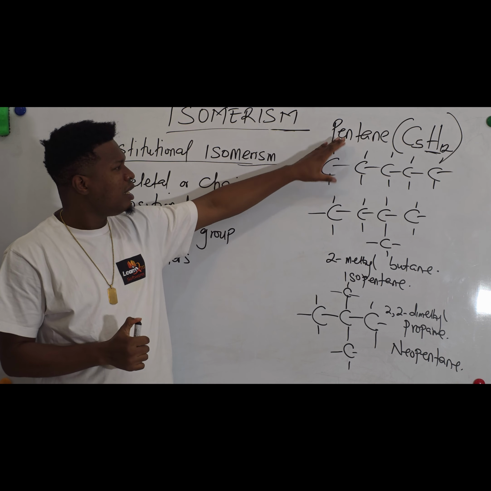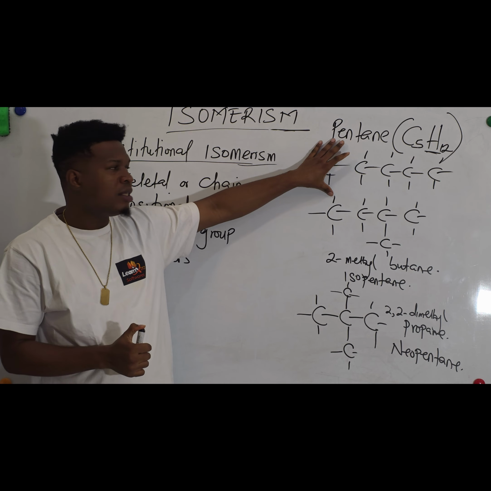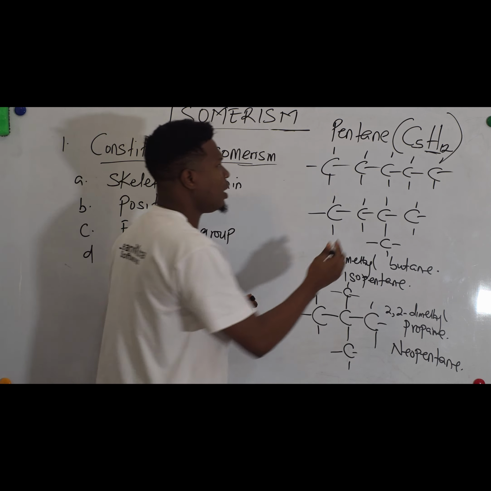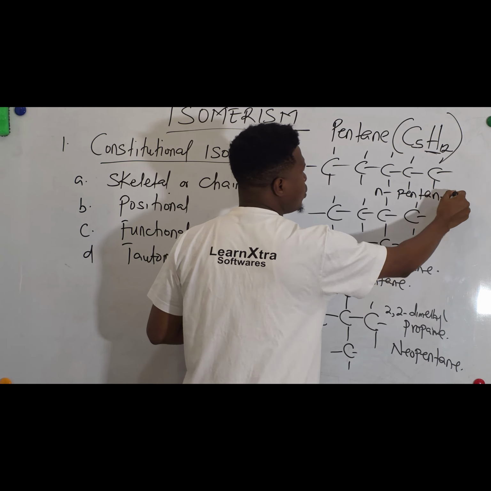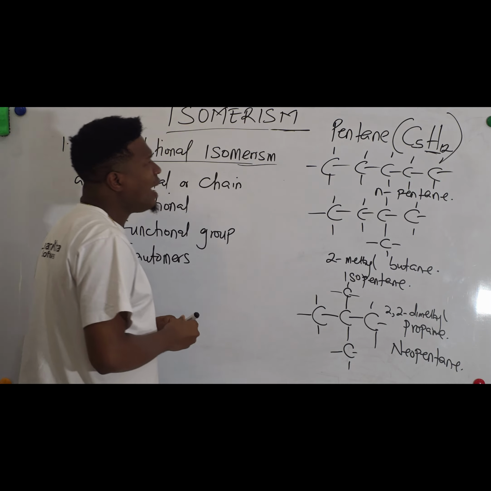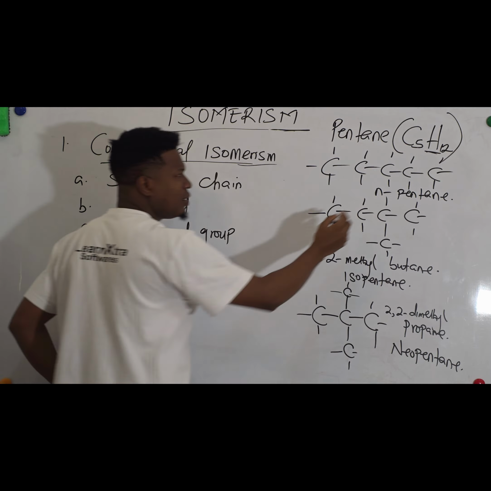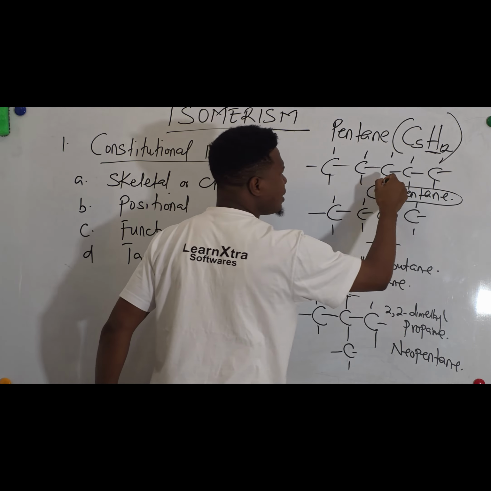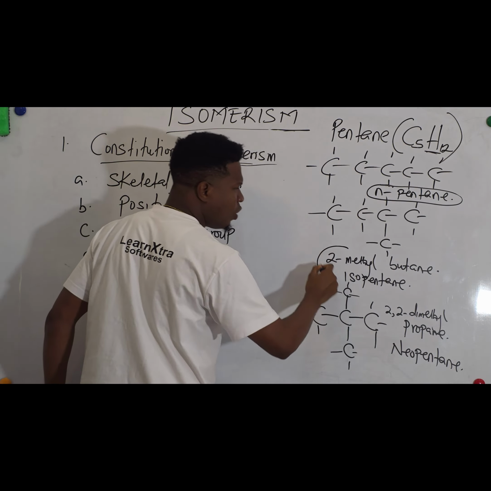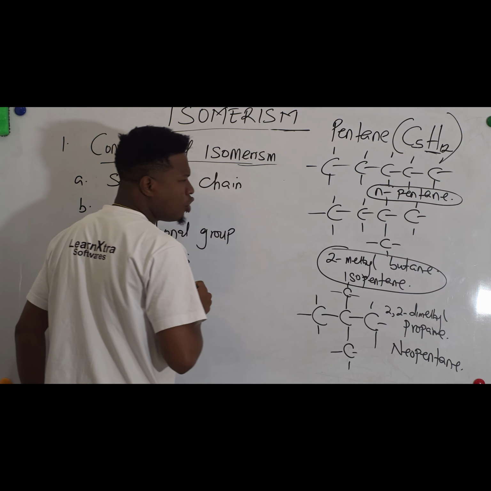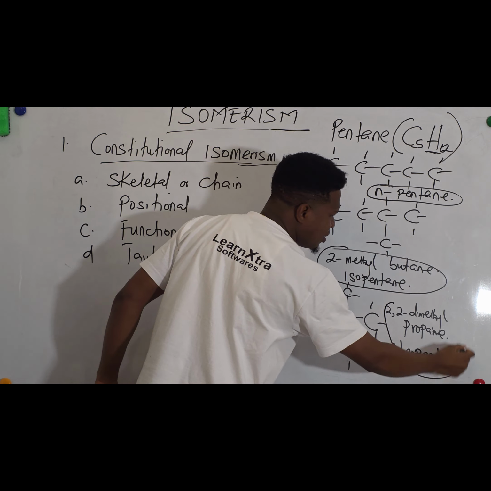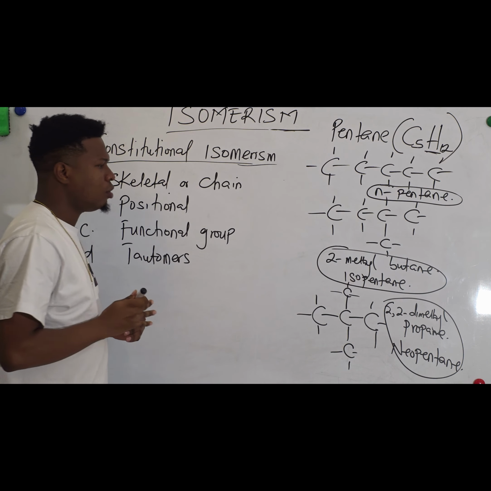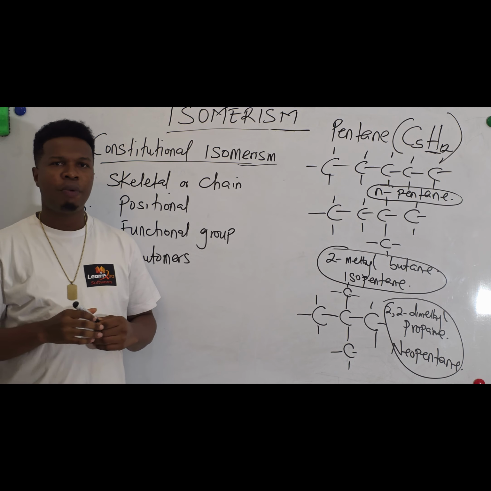So this one is the normal pentane, the N-pentane. The first one I've written here is N-pentane. So you notice that pentane has 3 isomers. The first one is itself, normal pentane. The second one is the isopentane or 2-methylbutane, while the other one is neopentane or 2,2-dimethylpropane.